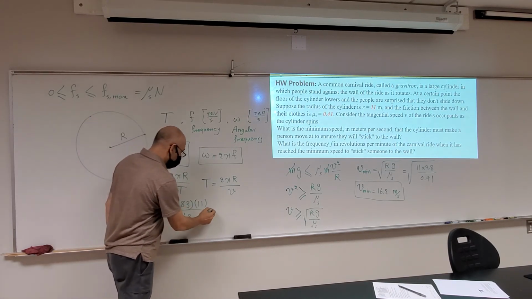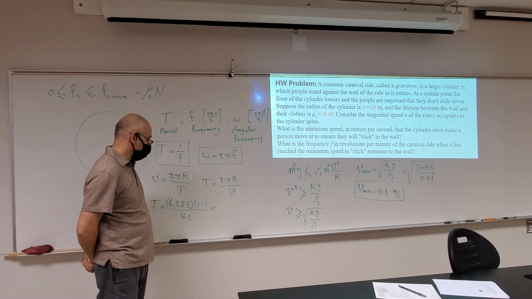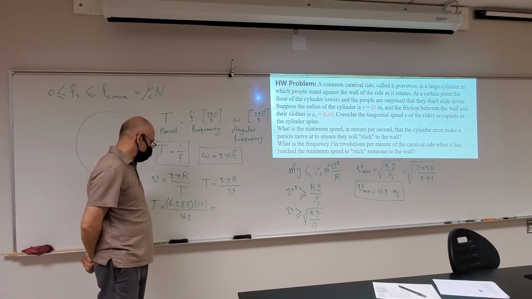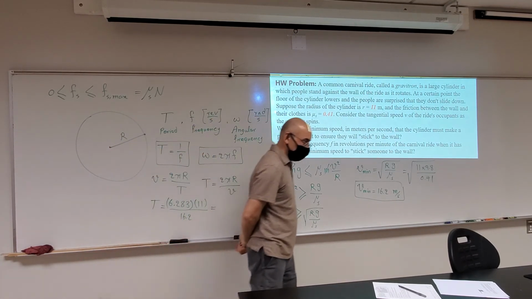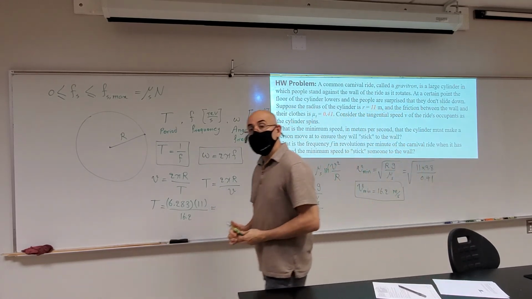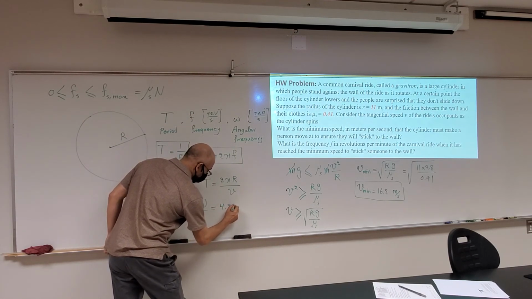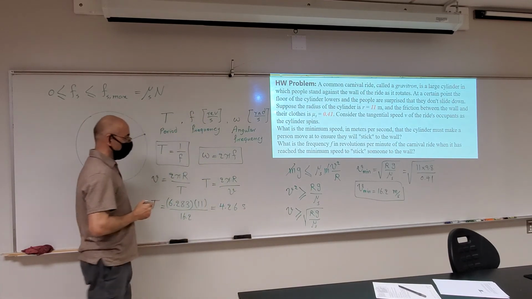What do we get for T? It will be about 4 point some seconds. 4.26 seconds.